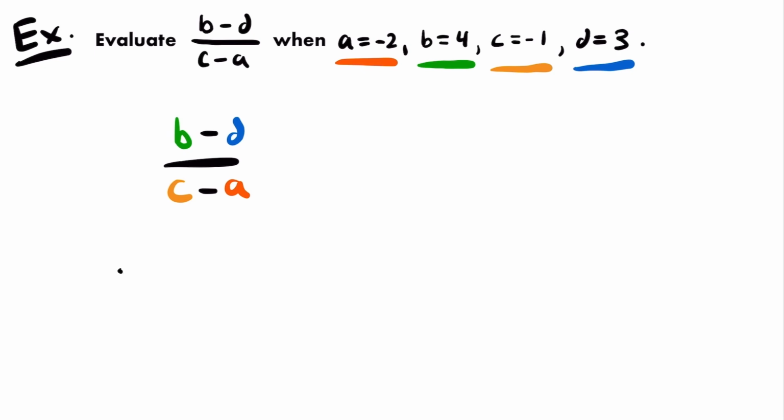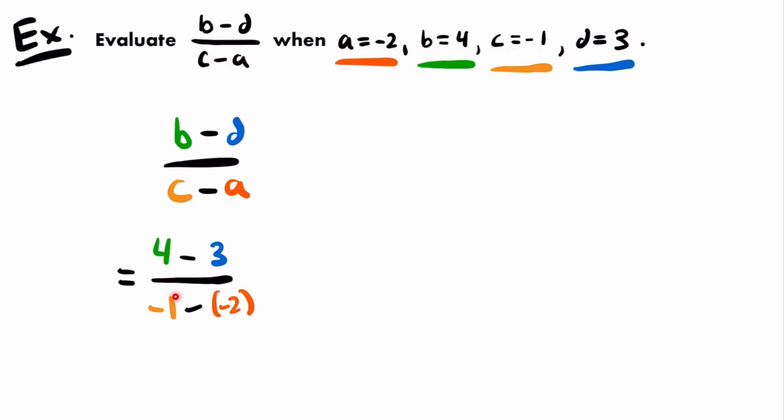So this will be equal to 4 minus 3 divided by -1 minus -2. All right, we substituted in or plugged in 4 for b, and then 3 for d, -1 for c, and then -2 for a. And so now all there's left to do is a little bit of math, and we will have the final value of our variable expression when all those variables are equal to these different values.